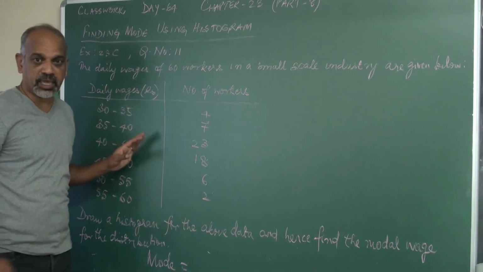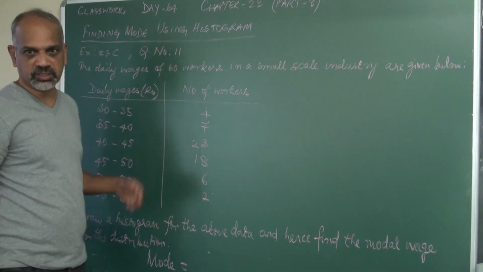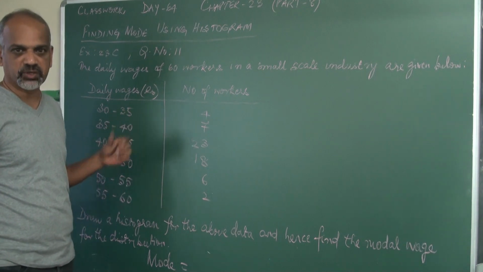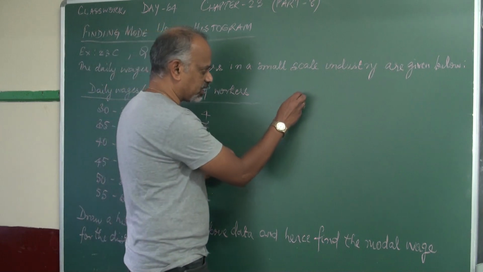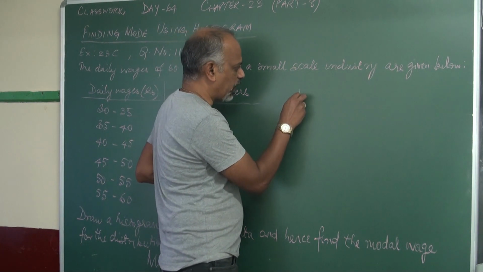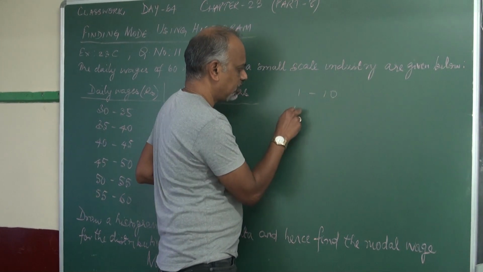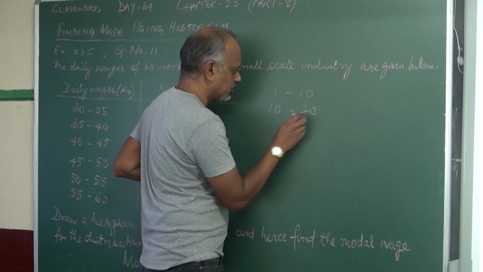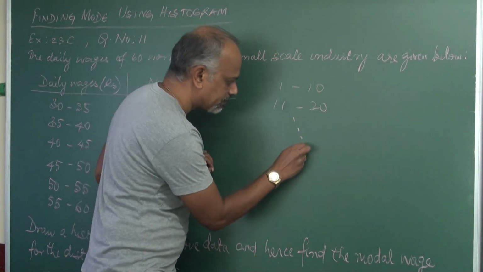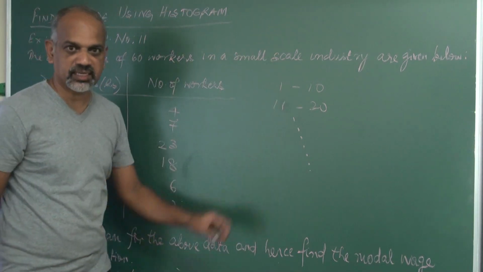In some cases, it may not be continuous. In such cases, you will have to make the class intervals continuous. I'll give you a small example here. Say, if the data given was 1 to 10, 11 to 20, and so on. These are the class intervals given.